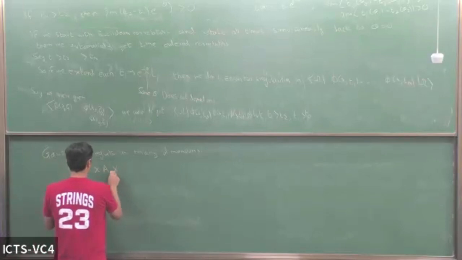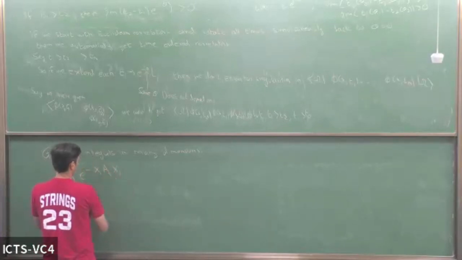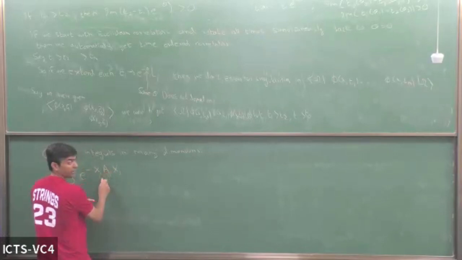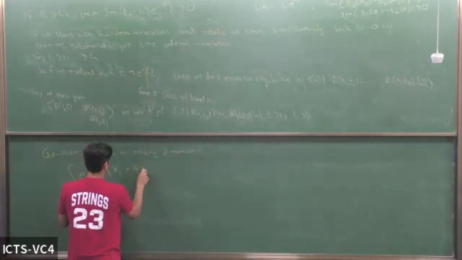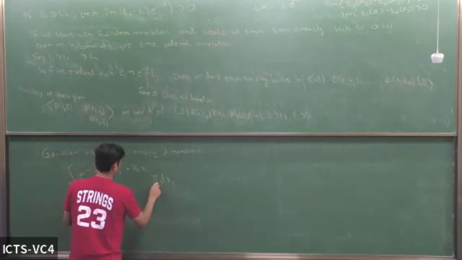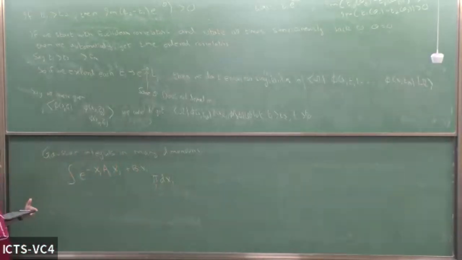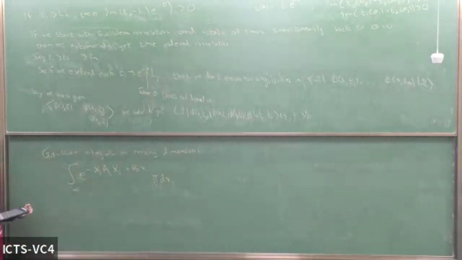This is a matrix. So we have x_i A_ij x_j, and we are summing over all the i's and the j's, and we have plus b_i x_i. This is just an integral. All the x_i's are integrated from minus infinity to infinity, and we have some matrix of this kind.